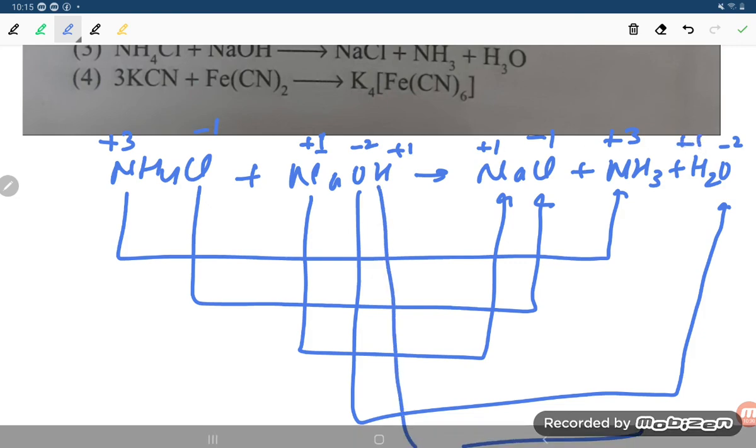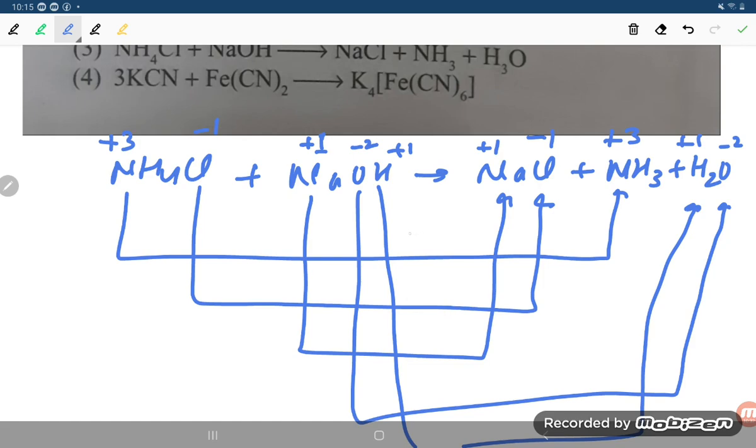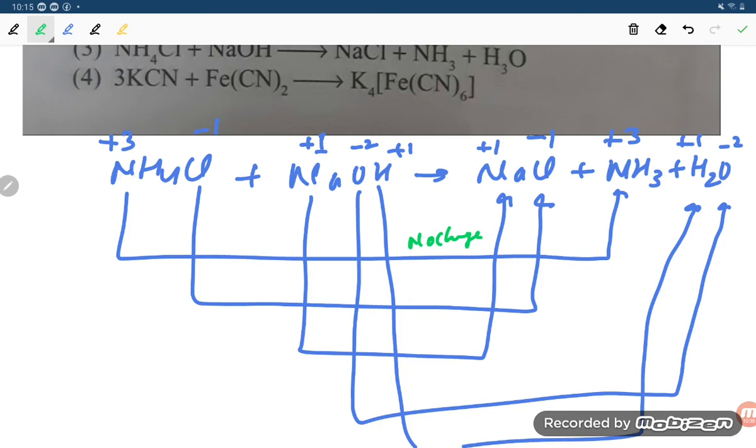So if you see, student, in each case there is no change.